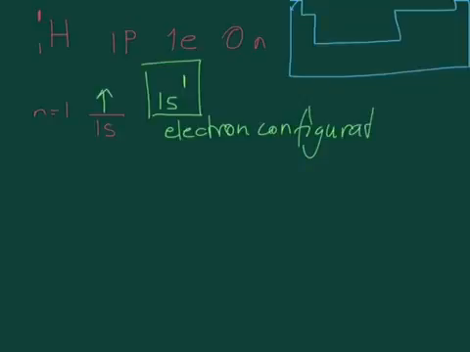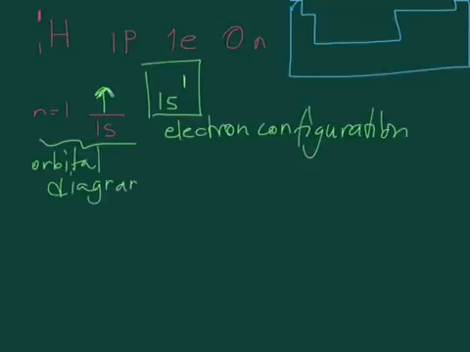On the other hand, the other diagram that we have drawn, showing the energy level with the electron as an arrow upward, the arrow upward showing the spin as clockwise, is the orbital diagram of hydrogen.